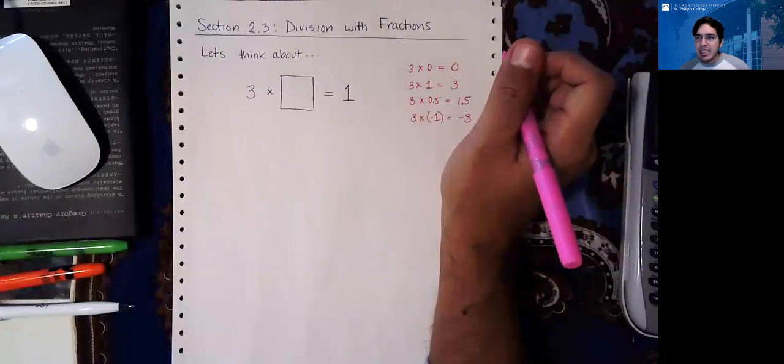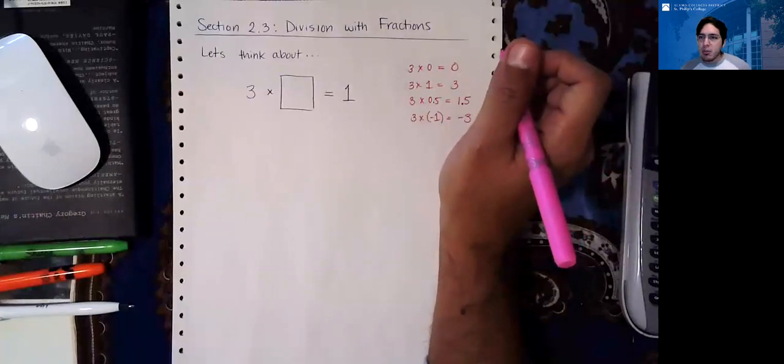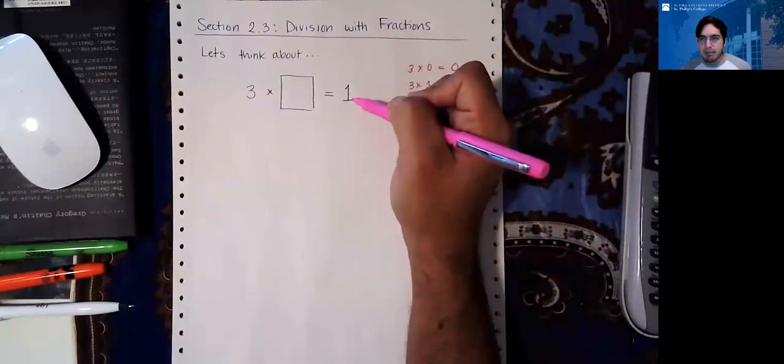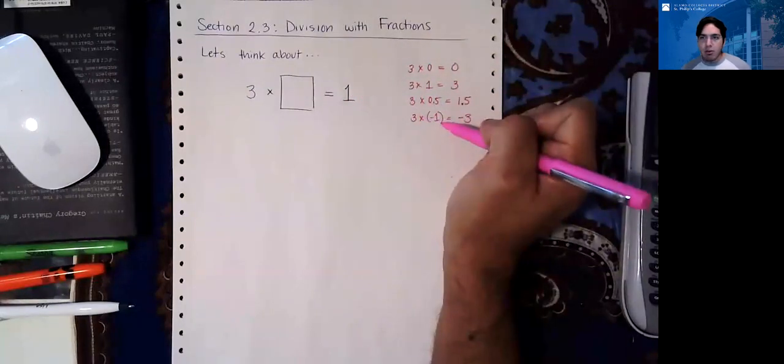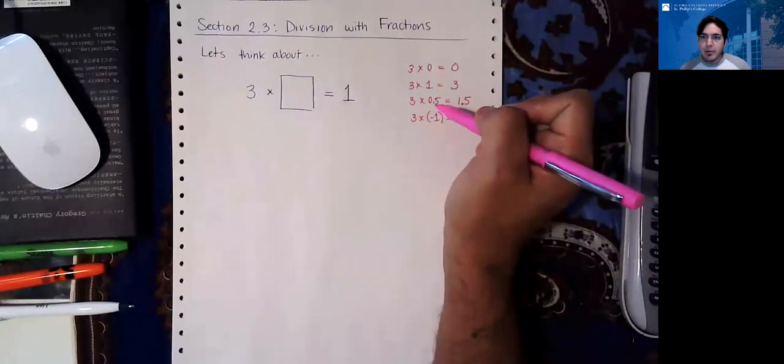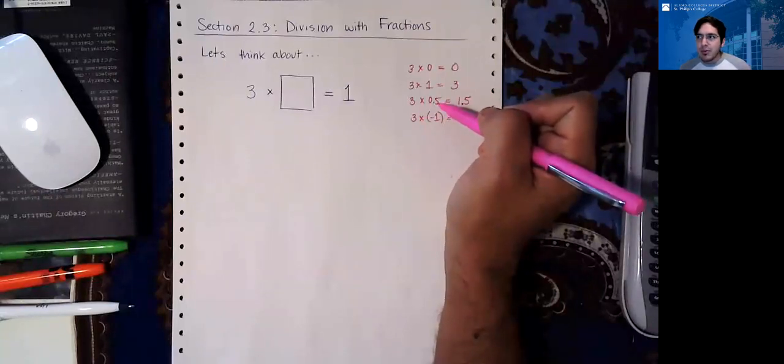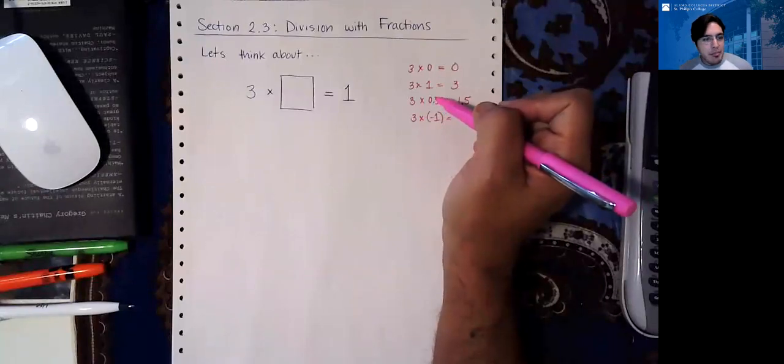So if we have 3 times some positive whole number, we're going to get too big. It's not going to be 1. And the same thing is going to be in effect for our negative numbers. 3 times a larger negative number will be more and more debt, right? Or a smaller negative number technically.